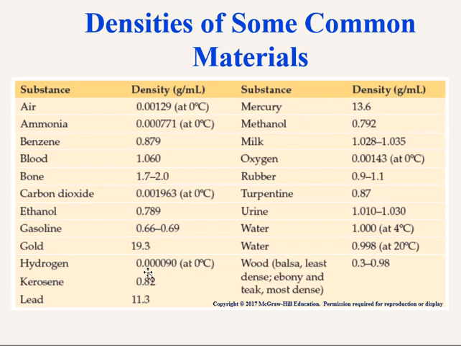You will notice that gases have very low densities given in grams per milliliter. So density of hydrogen gas is 0.000090 grams per milliliter. Density of carbon dioxide gas is 0.001963 grams per milliliter. Gases mix with each other, so there is no point in saying that one gas is not going to sink while the other will sink.